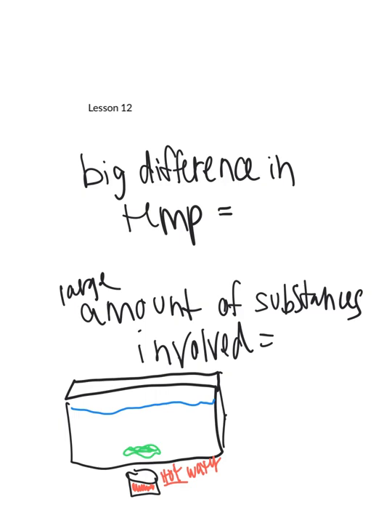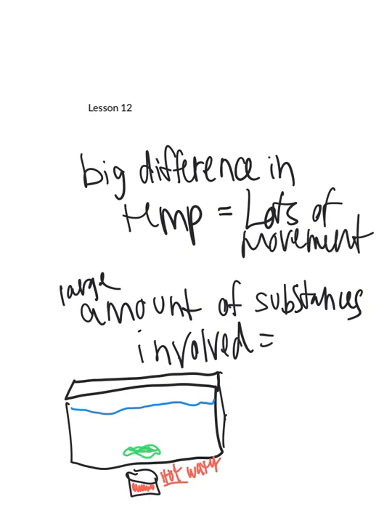Finally, most recently, in Lesson 12, we were looking at how and why that temperature difference plays a role in the movement of clouds. In one of the experiments, you saw that there was a really big difference in temperature. This saw lots of movement. You could see a lot of the food dye rising as it was heated by the very, very hot water underneath.